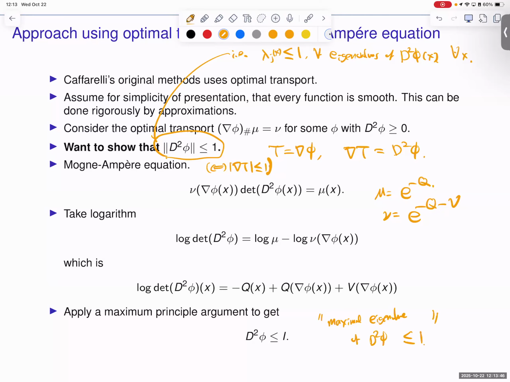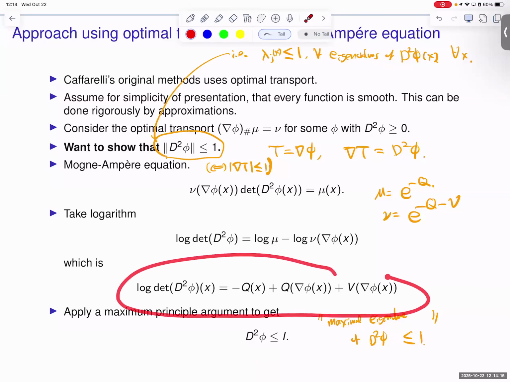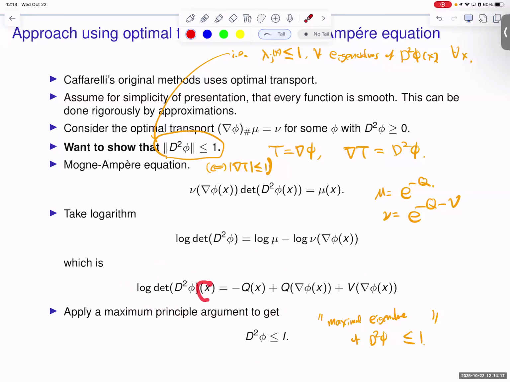So to get such a result, if you learn PDE, then most people in PDE will try exactly what Caffarelli did, so-called using the maximum principle. The idea is the following. You just find the maximum point. So suppose you find x.